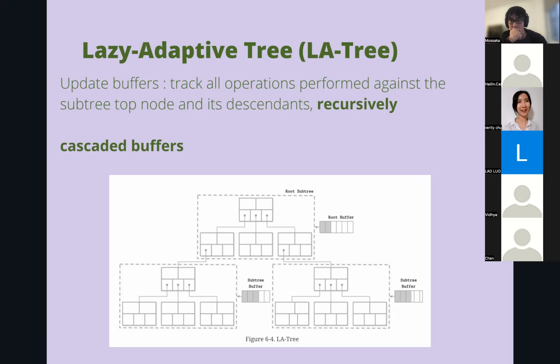We also encourage you to read more about FD trees in advance because it's a fairly abstract data structure. We will also post the recommended reading materials of a paper in our Slack channel as well. So any questions about all the things we've gone through today?